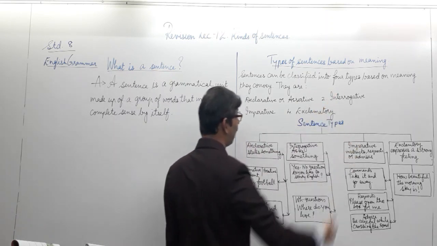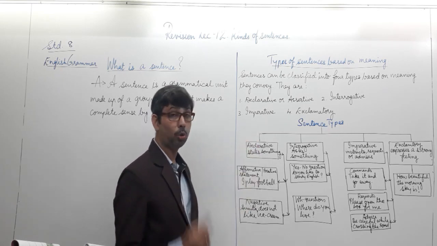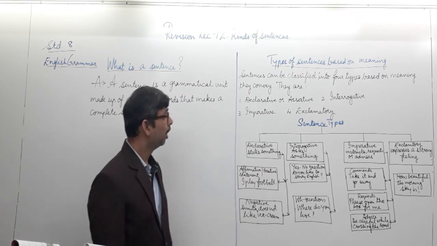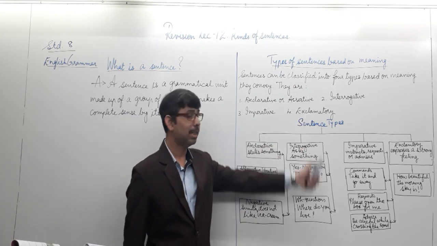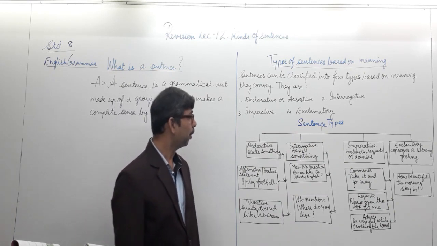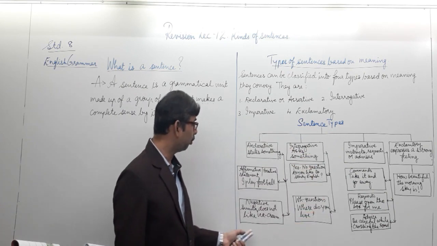Interrogative, what we say, is asking a question. And imperative has got not one but three subtypes, which we are going to look into in this flow chart. Further, the fourth one, that is exclamatory, expresses some kind of feeling. Well, this is the same information in a detailed manner given to you in the flow chart over here.